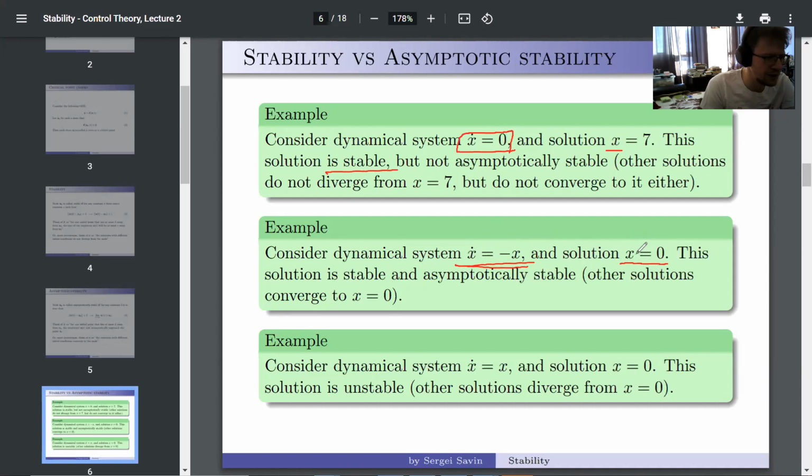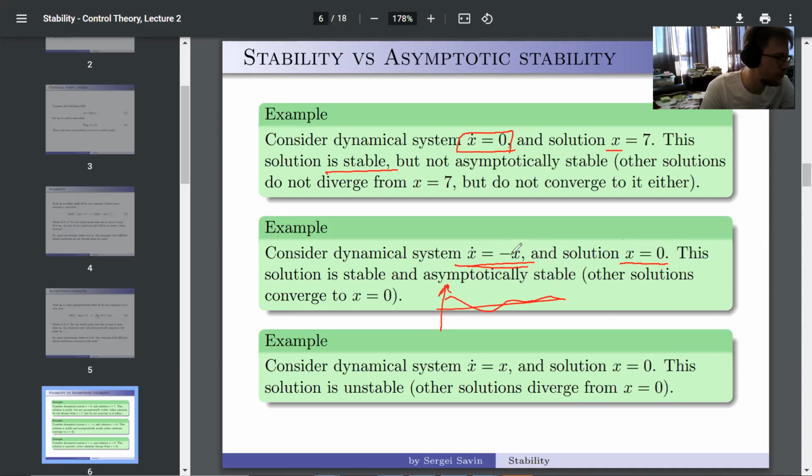I don't think it has any other nodes, right? If you plug this in, it becomes a solution. So this is a node, and this solution is stable and asymptotically stable. Why? Because any solution of the system will tend towards 0.